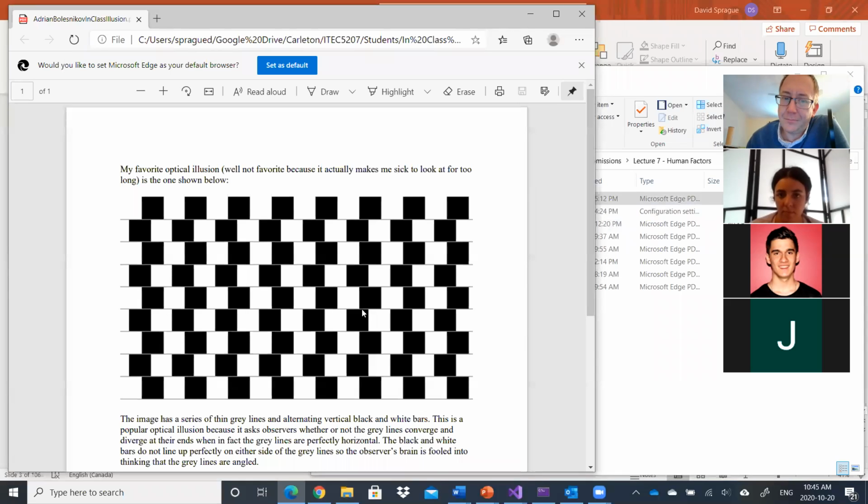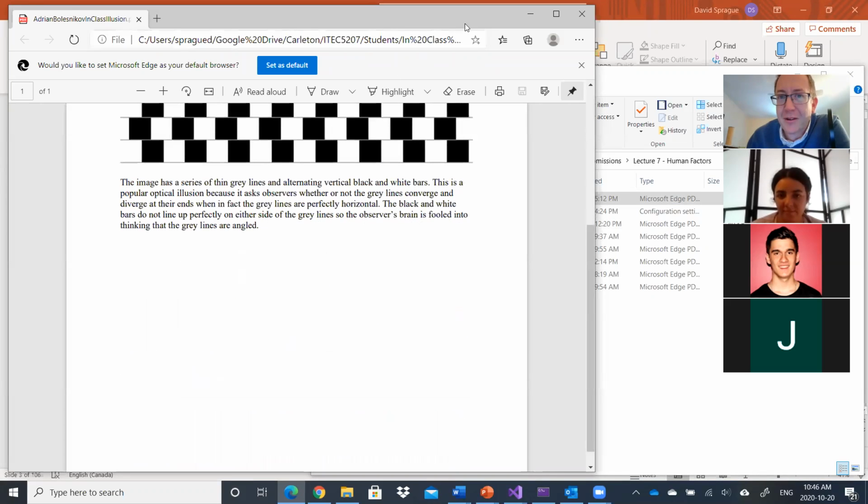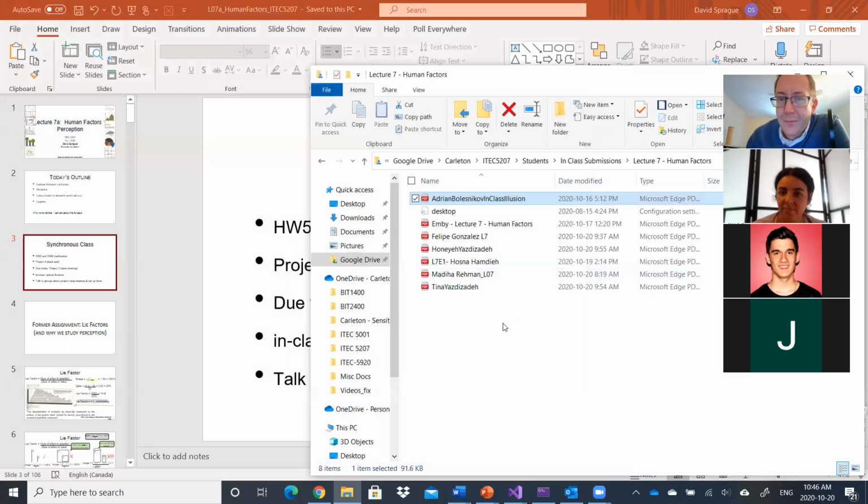But in reality, if you remove the black and white segmented lines that are going top to bottom, you'll notice that the gray lines actually are parallel to each other. And it's because the black and white lines aren't perfectly lined up that it makes it look like they're not parallel. And your eye automatically forms patterns whether you want to or not. Very nice. I've never seen this illusion before myself, actually, so I love this. This is pretty awesome. Is there anything below? No, there's nothing below it.